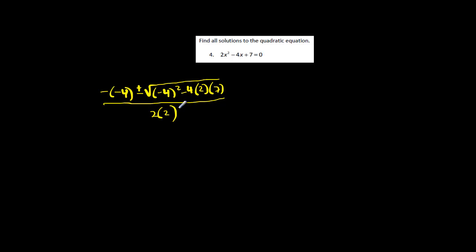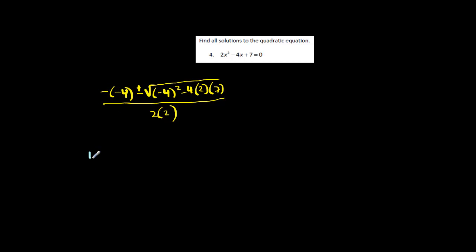Number four, find all the solutions to the quadratic. Let's just use the quadratic formula. So the opposite of b plus or minus square root b squared minus 4ac, all divided by 2a. Let's simplify this.